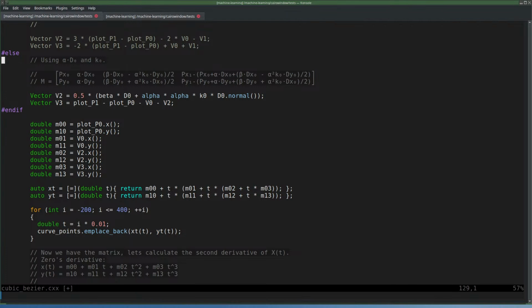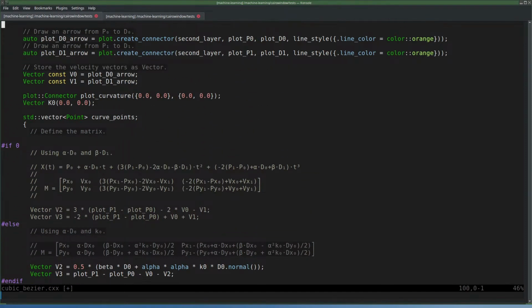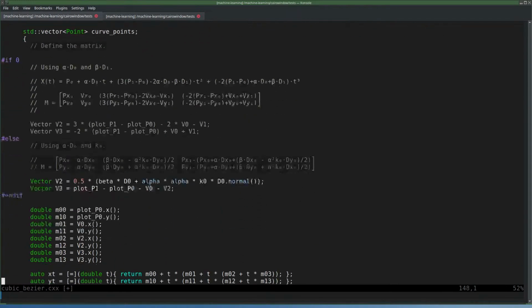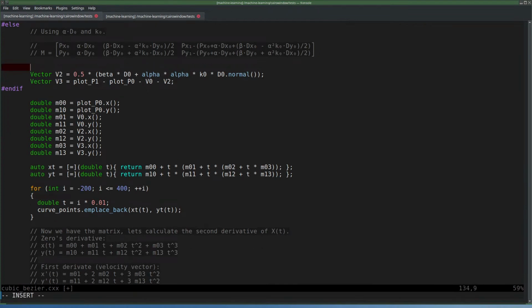Alpha is the length. Alpha is just the velocity. Let's see if I have a V0. I see that here. Alpha is the length of V0. What do I have in terms of V0 length? Yeah, no, not really. I'm just gonna do the double alpha is V0 length.